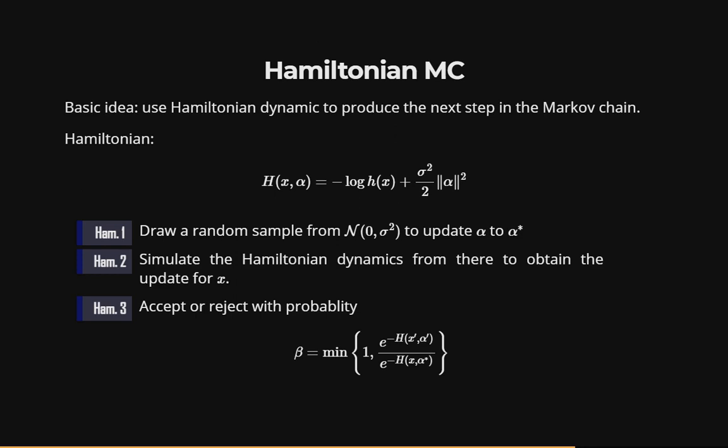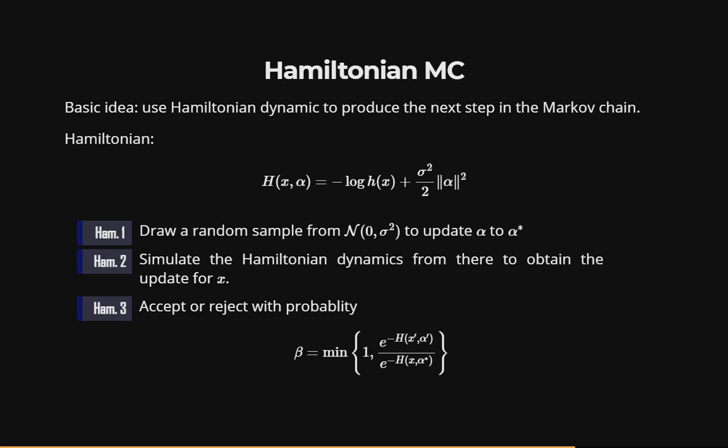So we accept or reject with probability beta, which is the minimum, obviously, between 1 and the comparison between these two exponentials. Why the exponential? Well, this makes sense if you ever studied statistical mechanics or stuff like that. In a way, the Hamiltonian is the logarithm of the joint probability between x and alpha.